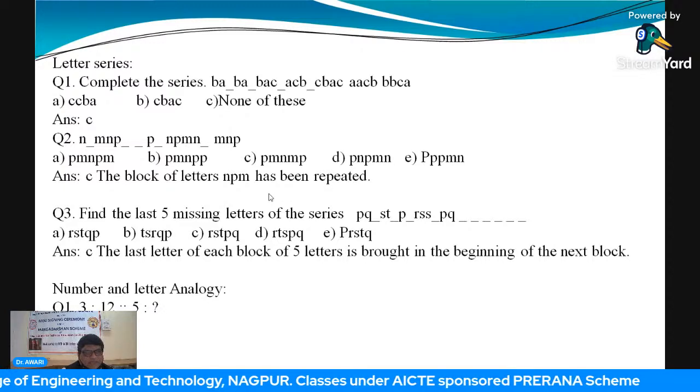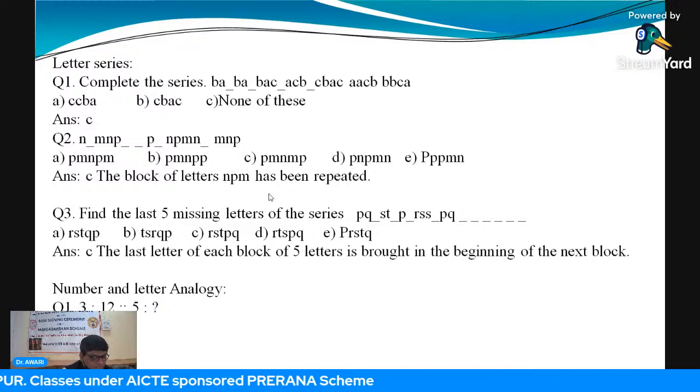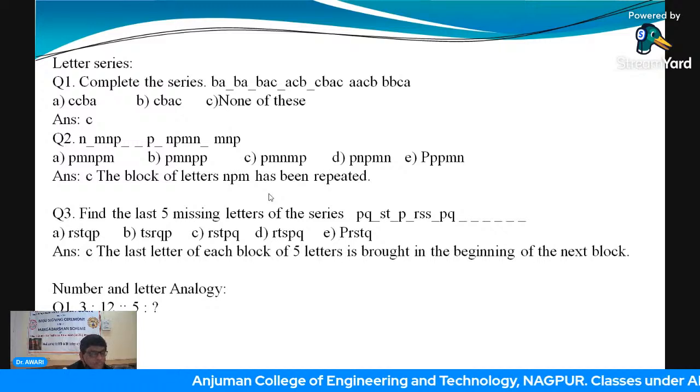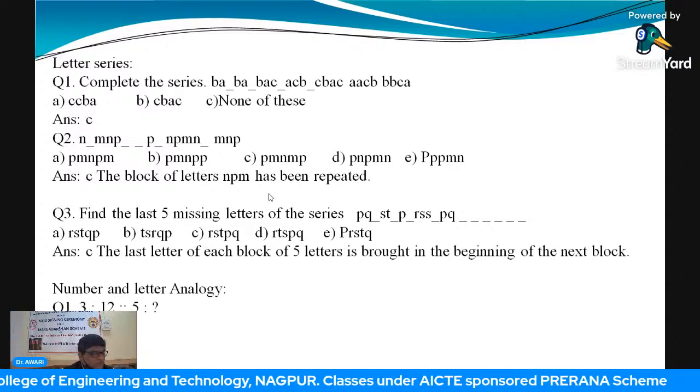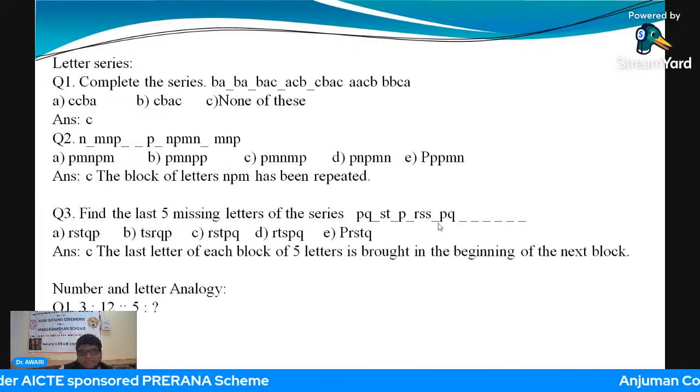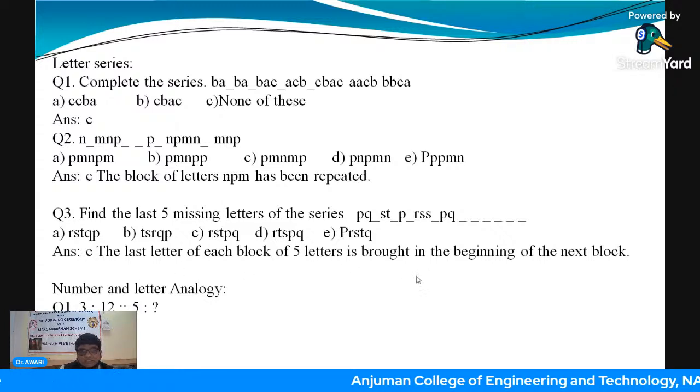Find the missing letters of the series, that is PQ dash ST dash P dash RSS dash PQ. So the last letter of each block of 5 letters is brought to the beginning of the next block.